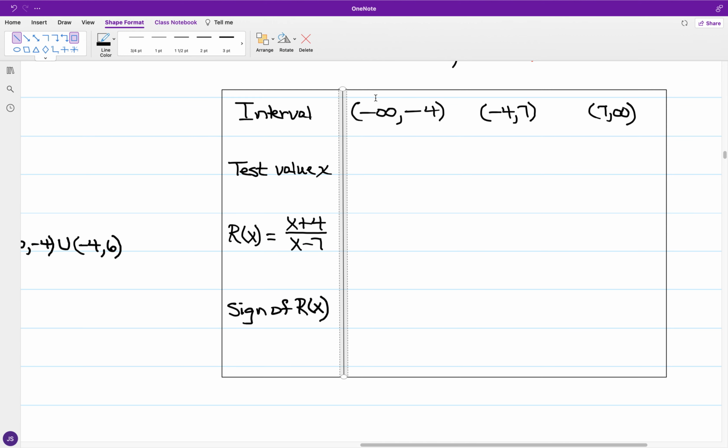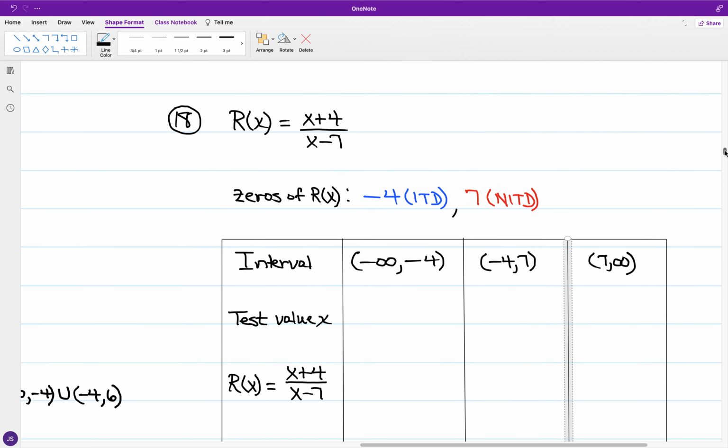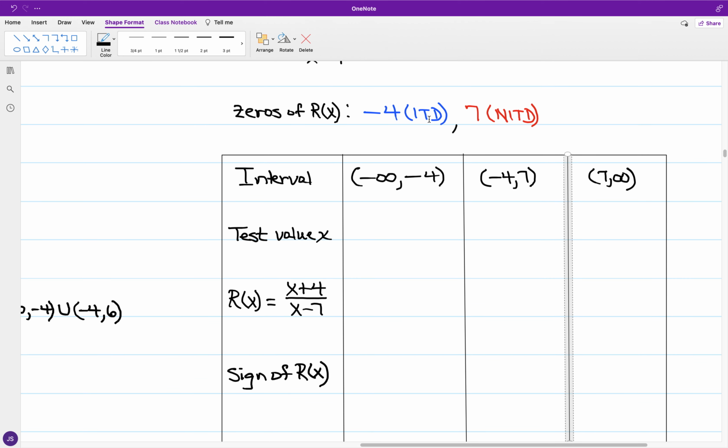Again, you can have a 0 numerator as long as you do not have a 0 denominator. So negative 4 is in the domain, whereas 7 is not.